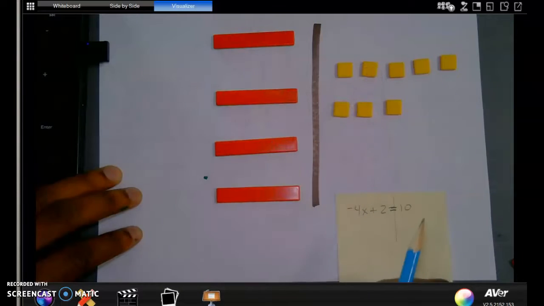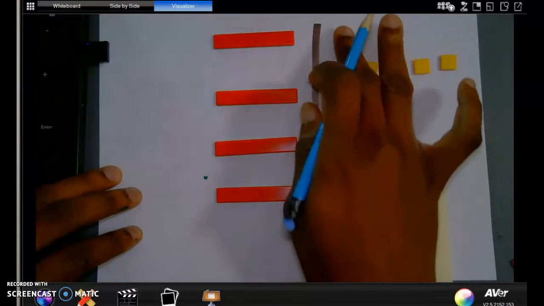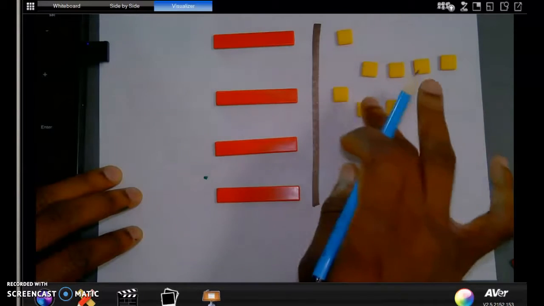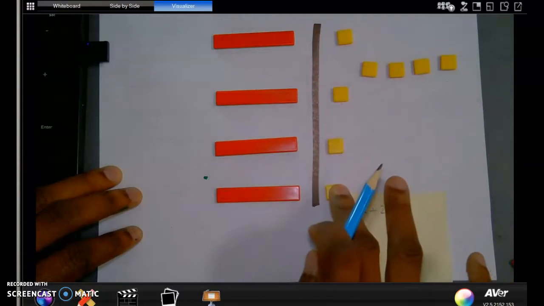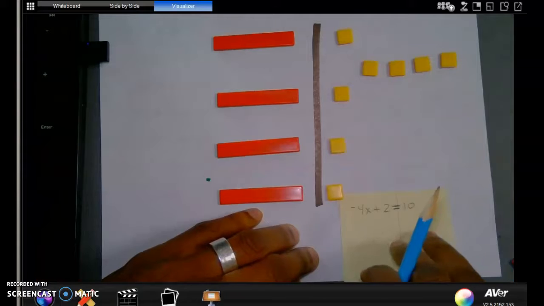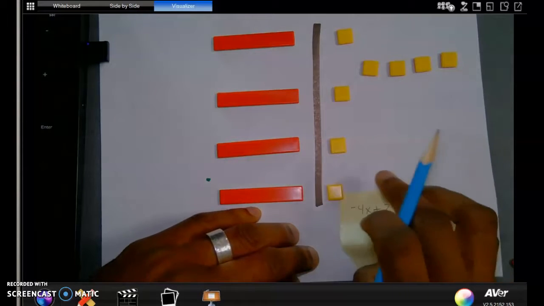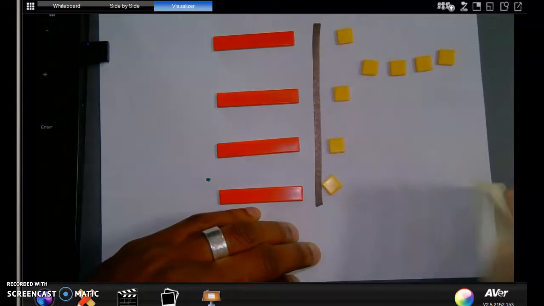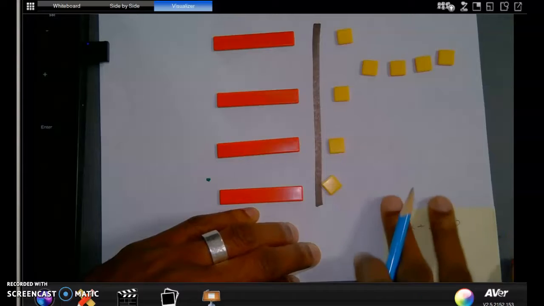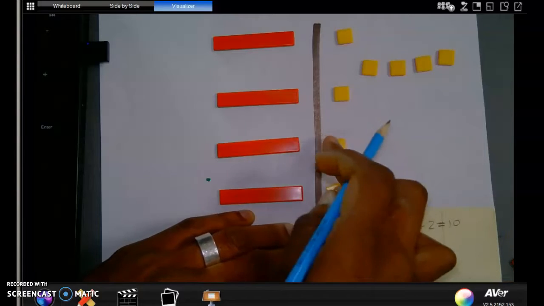So altogether, negative 4x, but let's go ahead and share. That's 1 for this one, 1 for that one, 1 for this one, 1 for this one. Okay, let me move this out of the way, and I'll bring this back when it's time to solve. Okay, so that's 1, 1, 1.